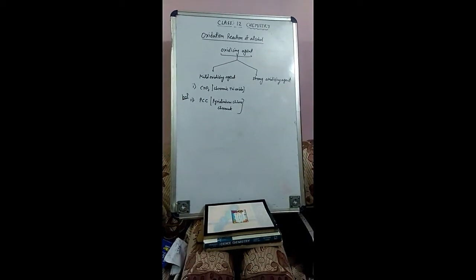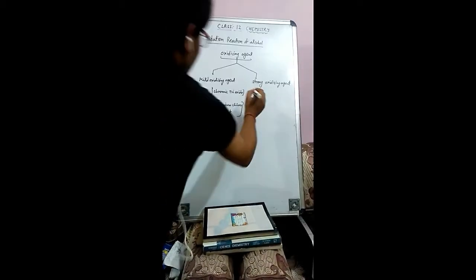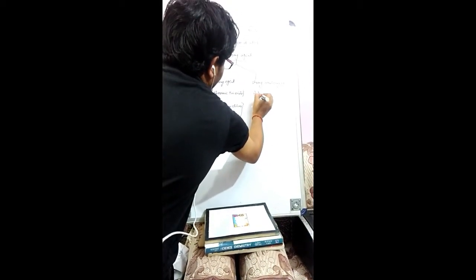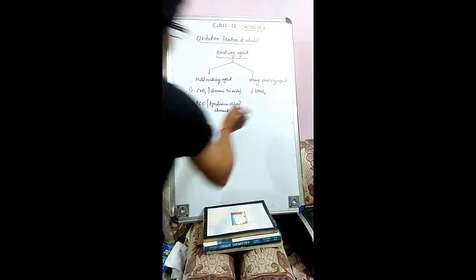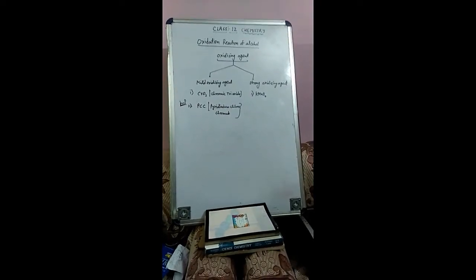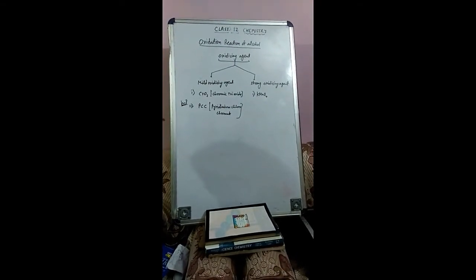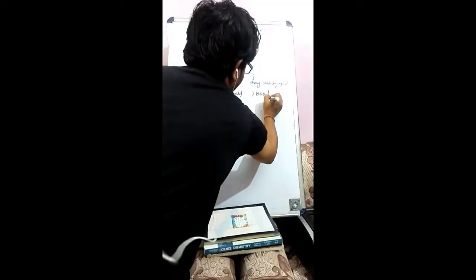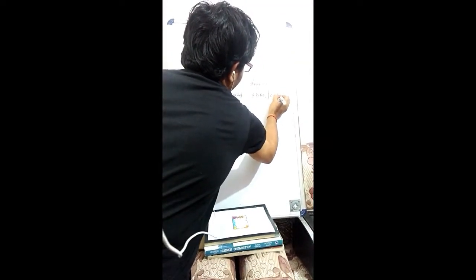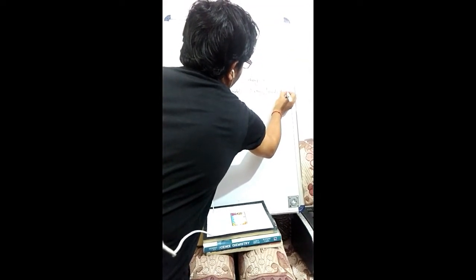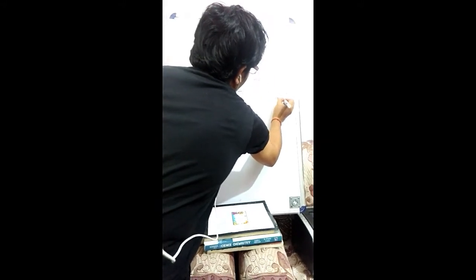If I discuss the strong oxidizing agents, the first is KMnO4, that means potassium permanganate. It can work in acidic, basic, or neutral medium.